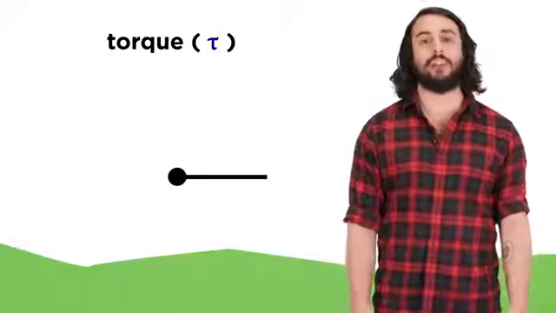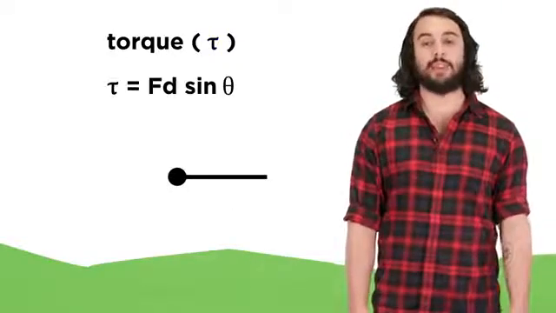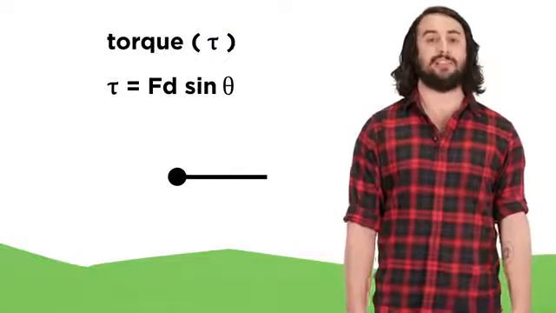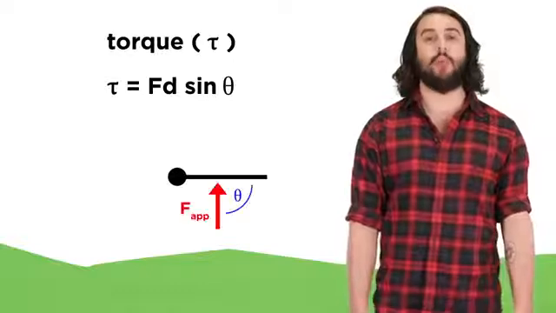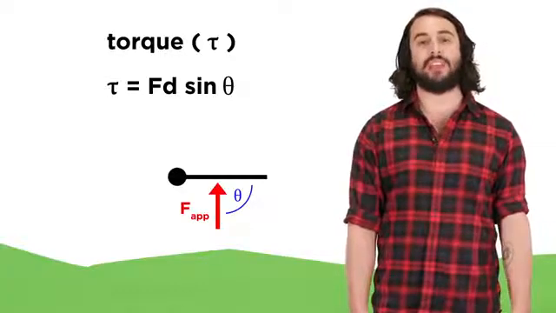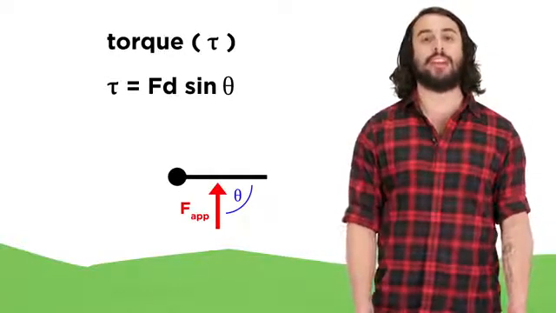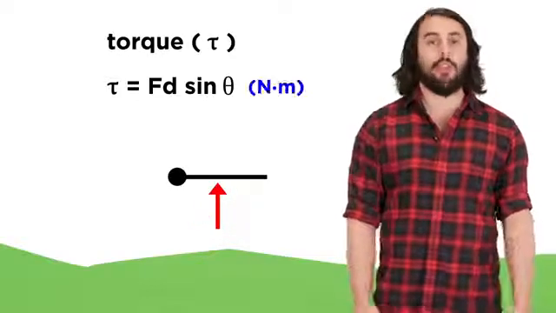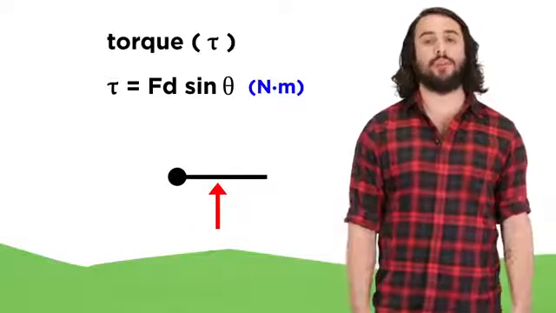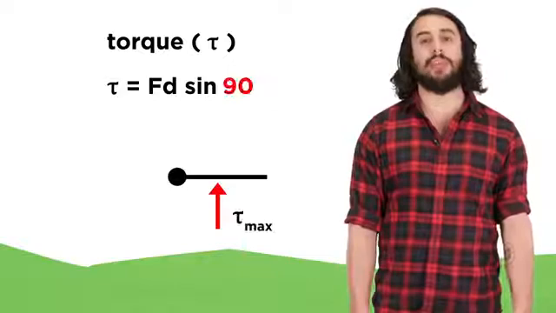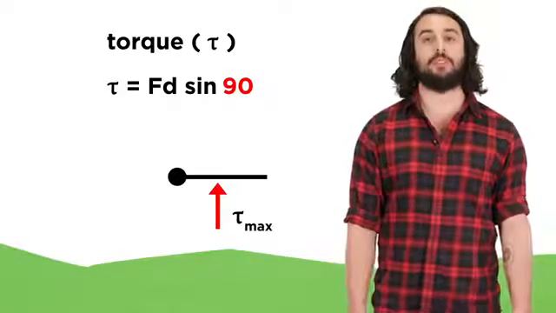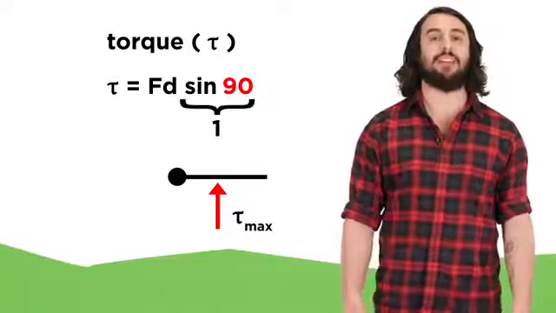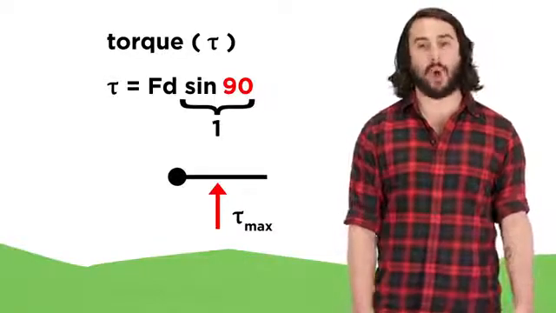Torque, represented by the Greek letter tau, will be equal to the applied force times the distance over which the force is applied, times sine theta, where theta is the angle between the force vector and the plane of the rotating object. Torque will therefore have units of Newton meters, and torque will be at a maximum when the applied force is perpendicular to the plane containing the object, because the sine of 90 degrees is 1.